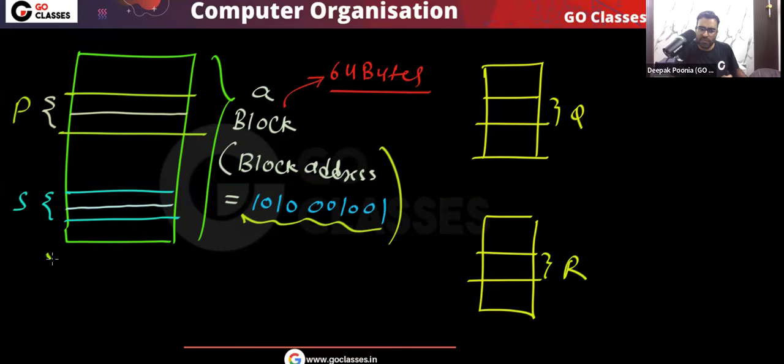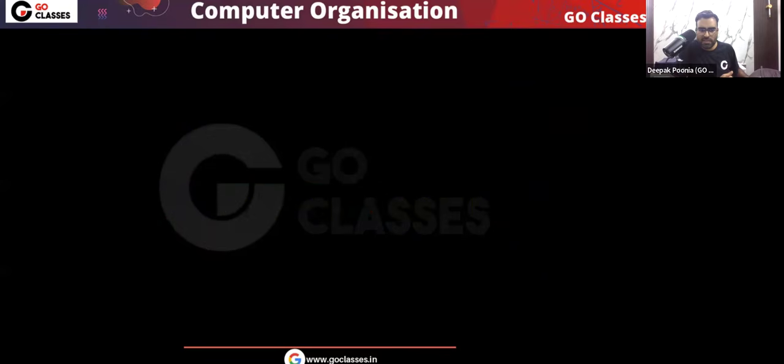So let me say that, for example, this is the block containing P comma S. You can assume this is the block containing Q, and this is the block containing R. Is this point clear? Very simple. Agree?